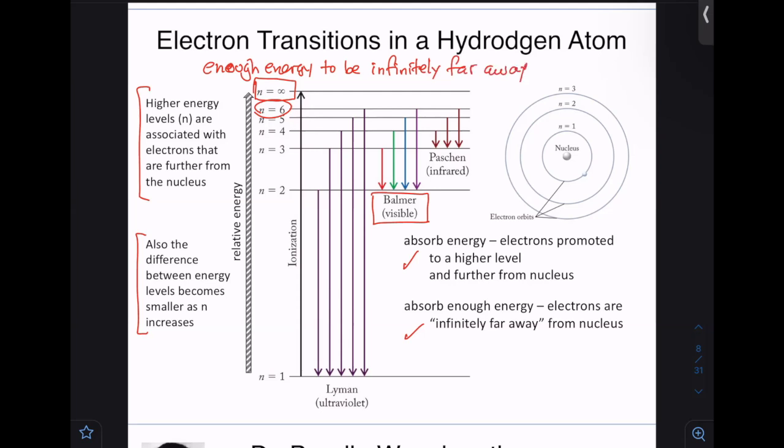That means it's never coming back. It's gone. It's formed an ion. And in fact, the energy that it takes to get there, we'll be learning about that at the end of the chapter. That's called the ionization energy.